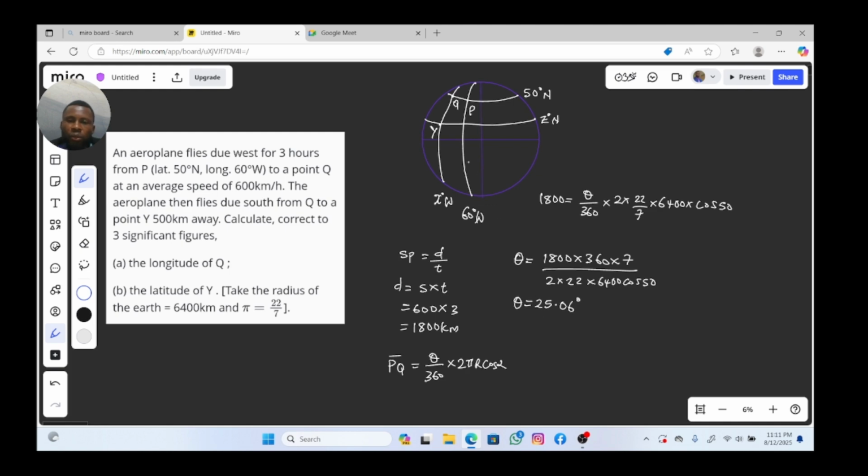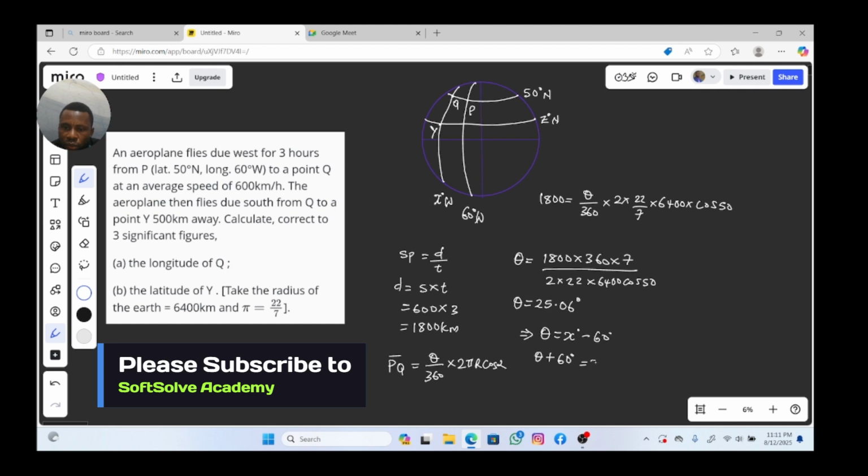So this implies that theta is equal to, since it is along the same latitude, we make use of this particular longitude and the second longitude. The bigger one is x, so it becomes x degrees minus 60 degrees, the smaller one. So if you cross over, theta plus 60 degrees is equal to x.